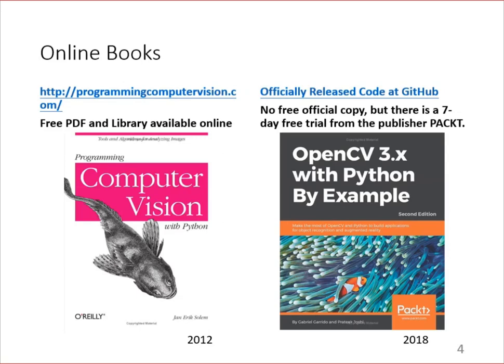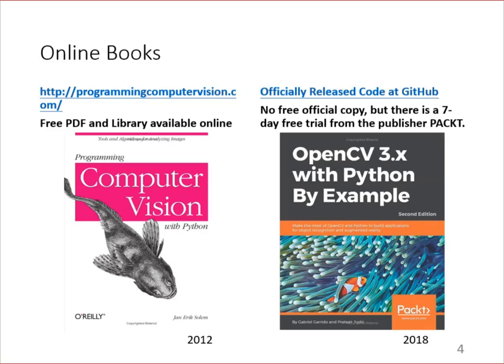And for this book, it is not a free book, but the publisher offers a 7-day free trial. If you would like, you still can use the trial version. It's totally the same as the book you need to pay for.